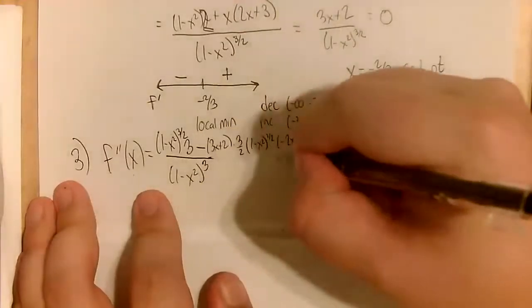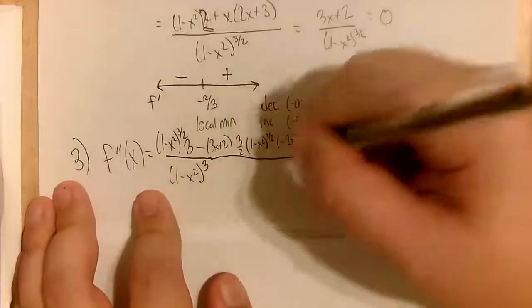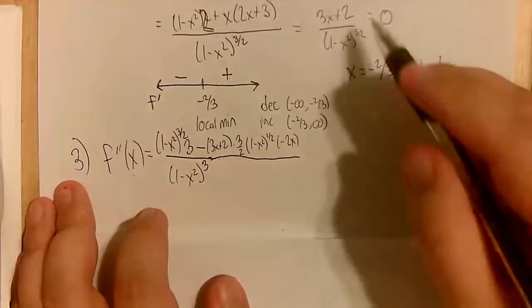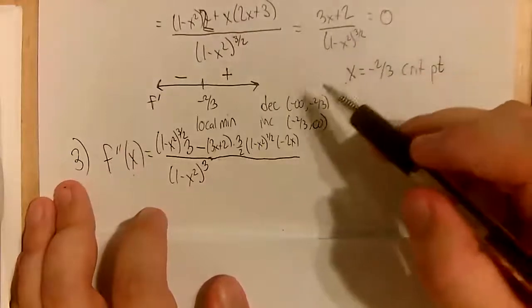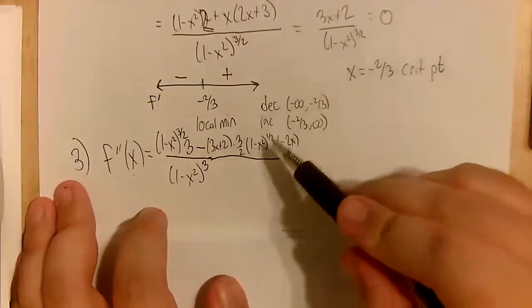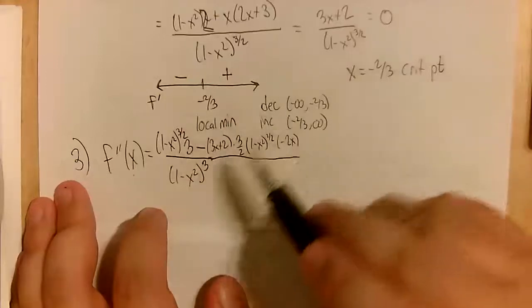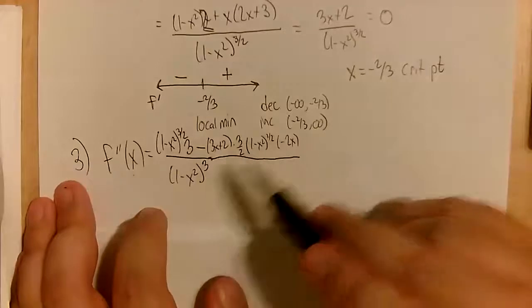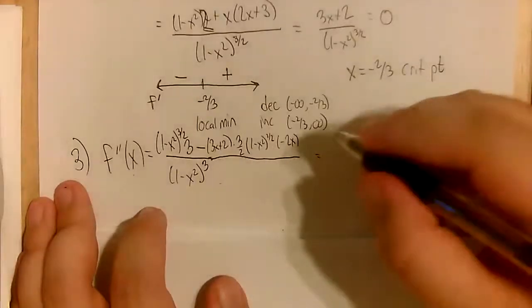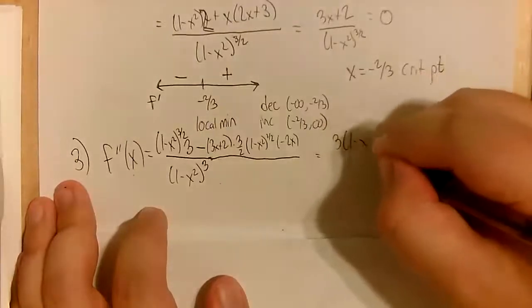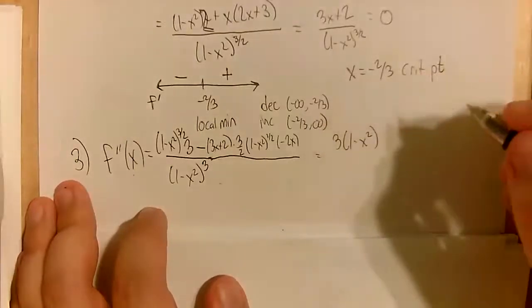All right, so once again, we have a complicated looking derivative, but fortunately, we're going to be able to simplify it just like this. So the first thing I notice here is that I have at least a 1 minus x squared to the 1/2 in every single term here. So what I could do is I could cancel all of that out. So if I get rid of 1/2 power here, I'm going to have 3 and then 1 minus x squared.